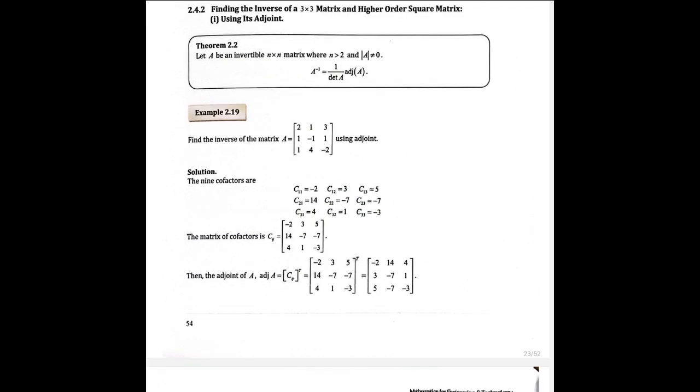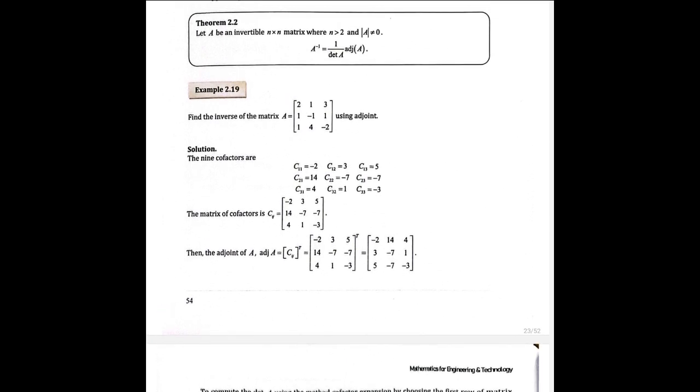Let's look at an example. Just like before, we need to check whether the matrix is invertible or not, and we check it through the determinant. So how do we do the determinant for a 3 by 3 like this?